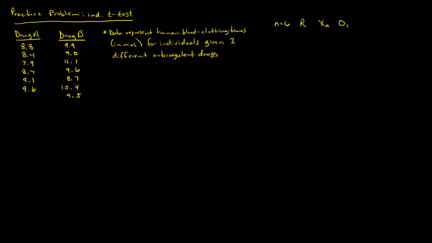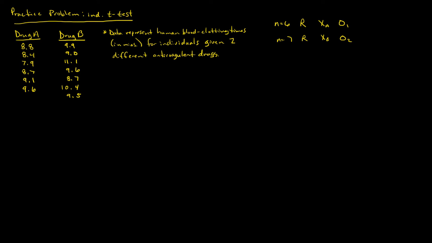And if you count the number of individuals in group drug B, it's 1, 2, 3, 4, 5, 6, 7. So we have N equals 7 that were randomly assigned to anticoagulant drug B, and we're going to make an observation on their blood clotting times. Okay, so that's the design.